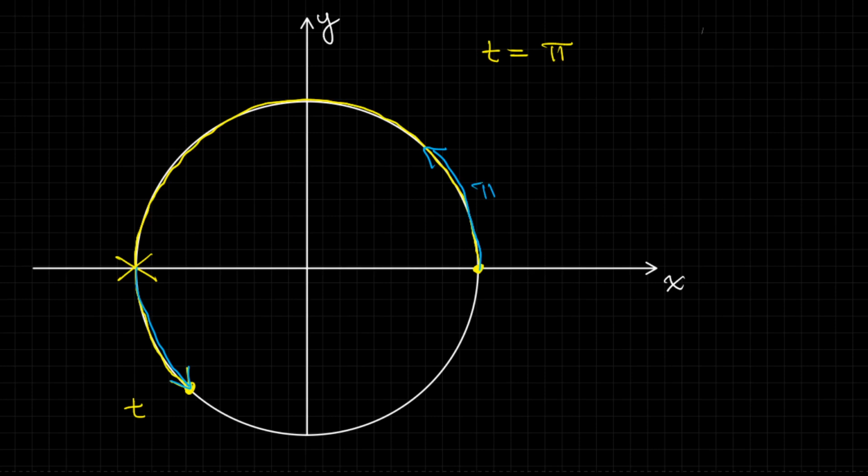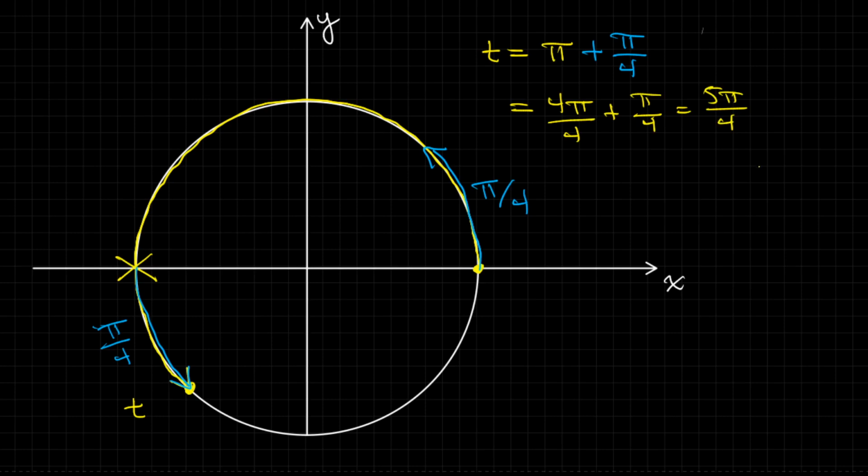In other words, if this t value in the first quadrant is pi over 4, then this one is also going to be pi over 4. So we went pi, and then we went an additional pi over 4. So this t value, getting a common denominator, would be 4 pi over 4 plus pi over 4, which is 5 pi over 4. So we can label this 5 pi over 4.